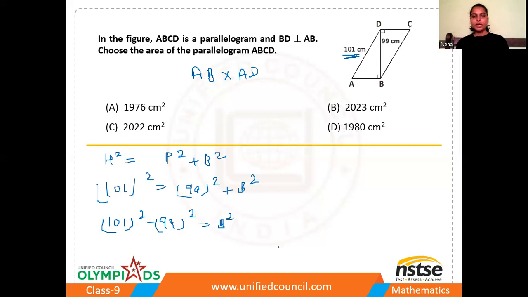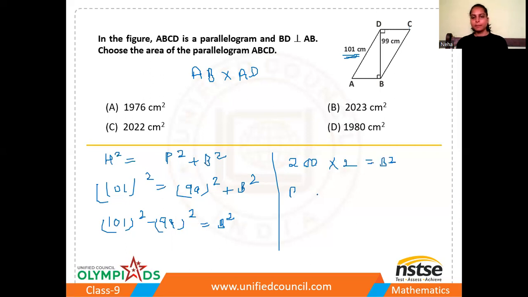Now this is nothing but a square minus b square, which I can write as a plus b into a minus b. This is why I'm doing it, to make it easy. So this is 101 plus 99 into 101 minus 99. If I do the plus, it becomes 200. If I do the minus, it becomes 2. This is equal to b square.